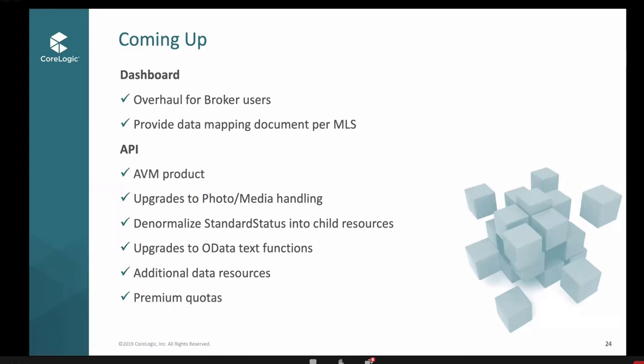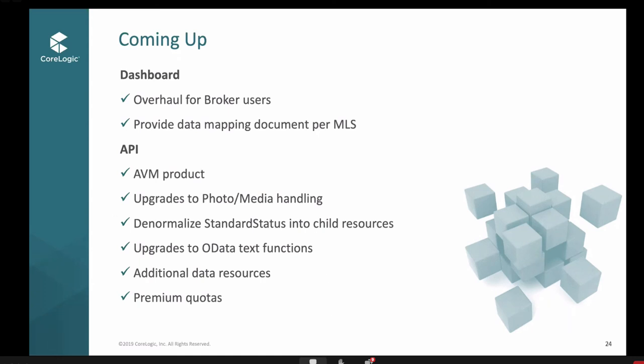We're looking to denormalize standard status and maybe some other fields into child resources. Right now, filtering child resources by the status of the listing is very cumbersome, and in some cases impossible. So we'll be fixing that. We have some upgrades we want to make to the OData text functions, including case sensitivity controls.